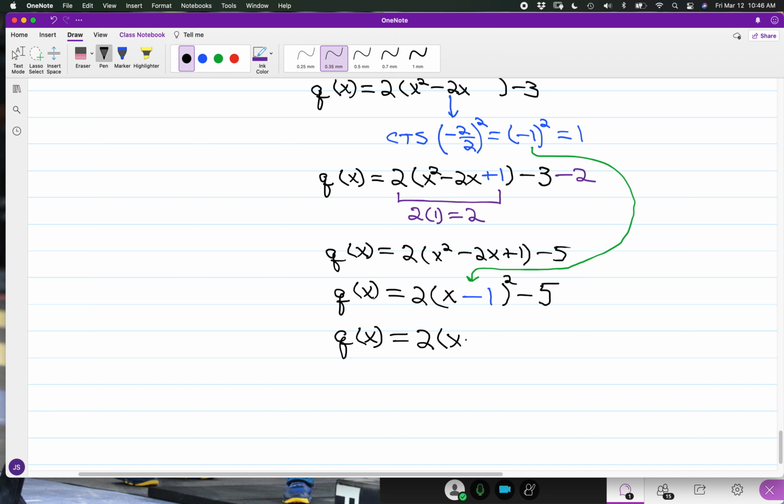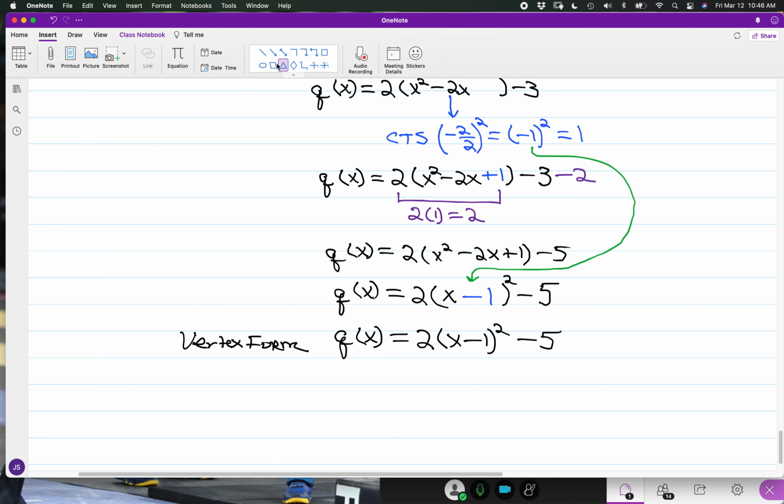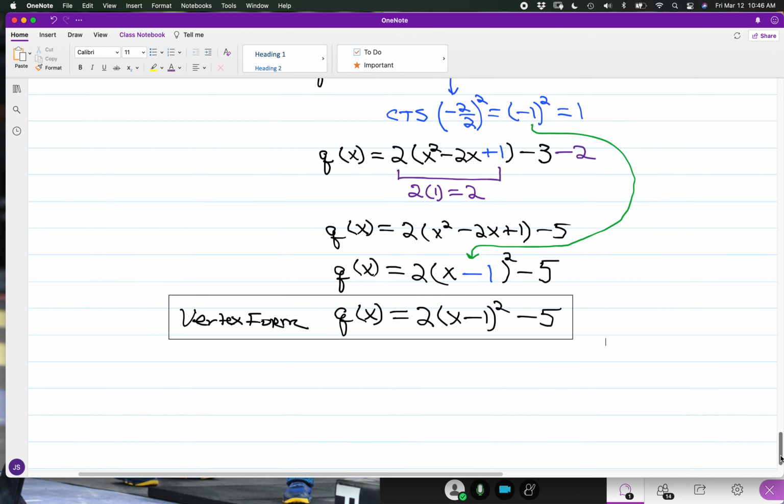So for the vertex form, in this case, we have 2 times the square of x minus 1 followed by the subtraction of 5. So this is going to be the vertex form.